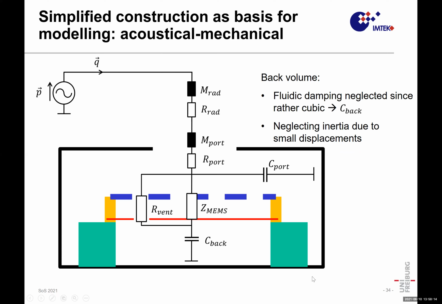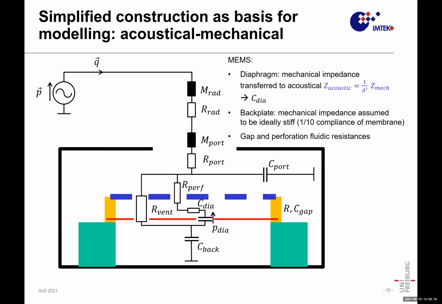And now we go to the intrinsic MEMS situation. This is now special, but we have already discussed these losses in the perforations. I draw only one perforation resistor for the resistance through the hole.